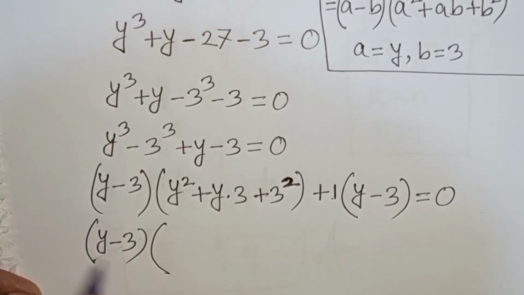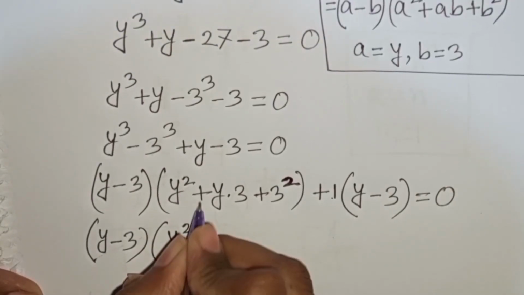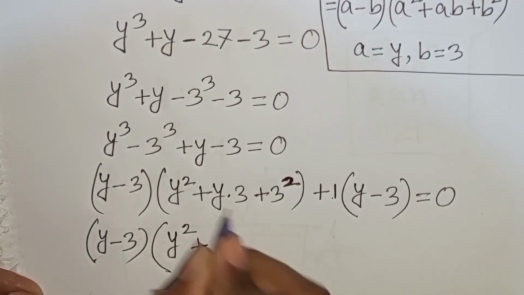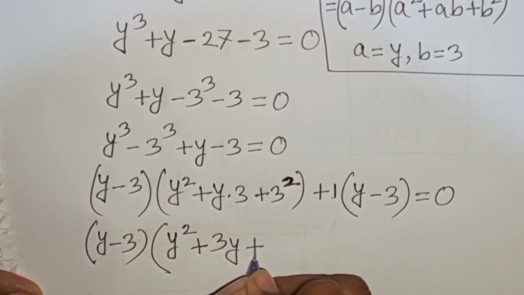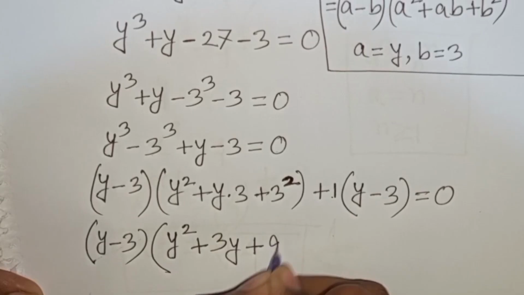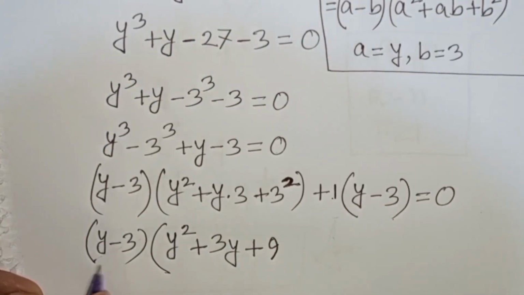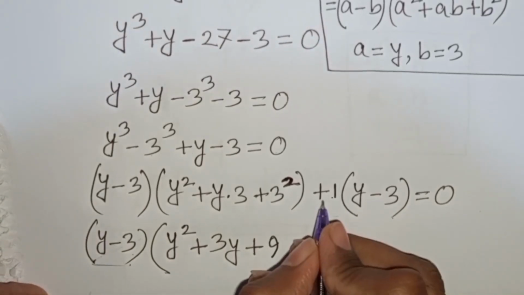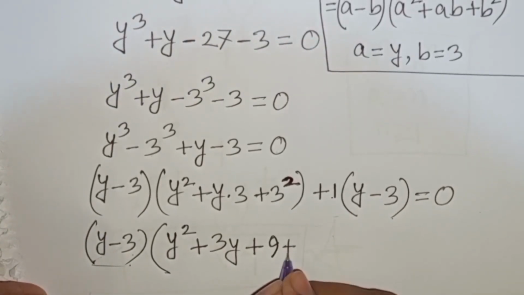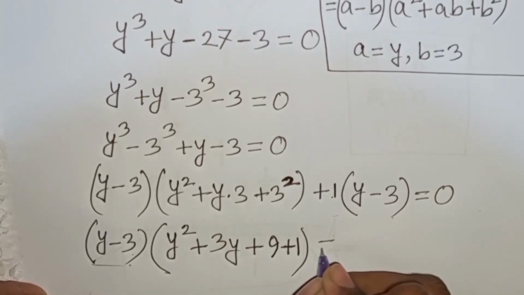This divided by this, that means y minus 3 will be cancelled, so we have y^2 + y times 3, that means 3y, plus 3^2 is the same as 9, and the other y minus 3 will be cancelled, so here plus 1, then bracket close is equal to 0.